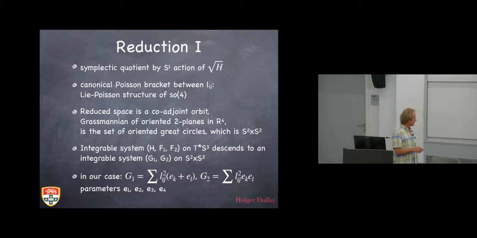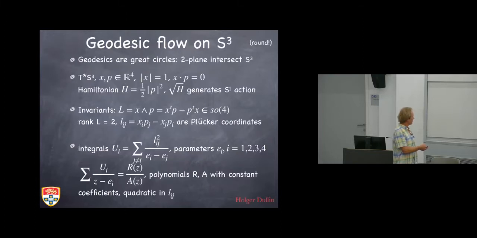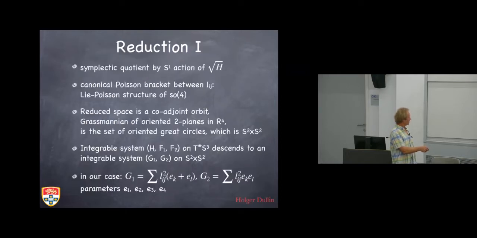So the upstairs integrable system has, oops, what are my F's? Sorry, I may change the notation here. So pick two of these integrals, of these U's, and together with the Hamiltonian, that's the integrable system in the sense of Liouville-Arnold on T star S3. And this descends now to an integrable system downstairs, because it's written in terms of invariants.